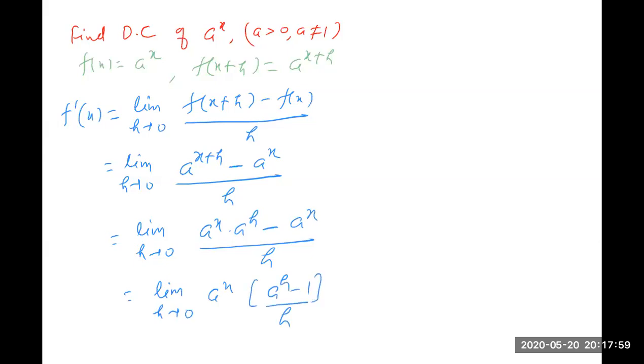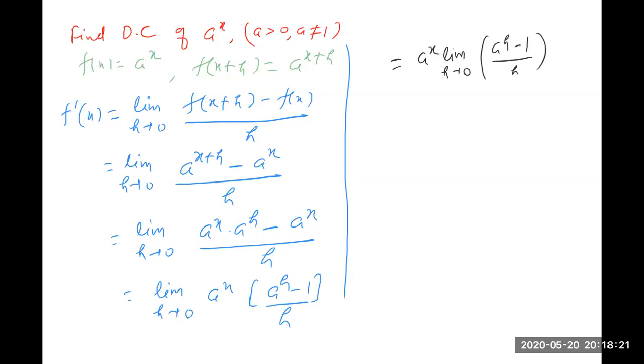Now with respect to h this is constant, so you can write further this step as a raised to power x, limit h tends to 0, (a raised to power h minus 1) upon h, because here x is constant. This was given in your NCERT book.